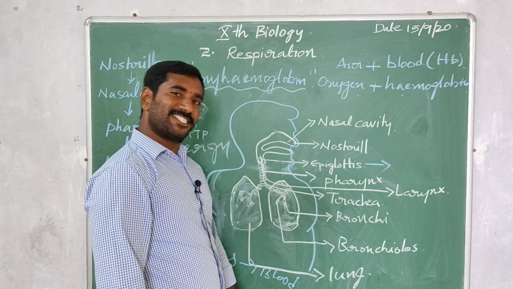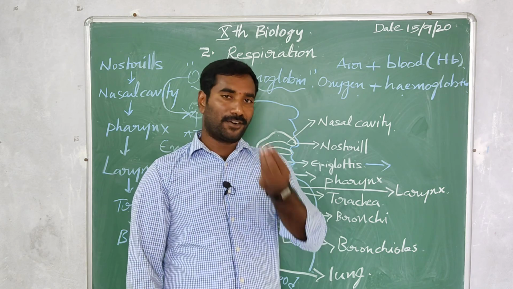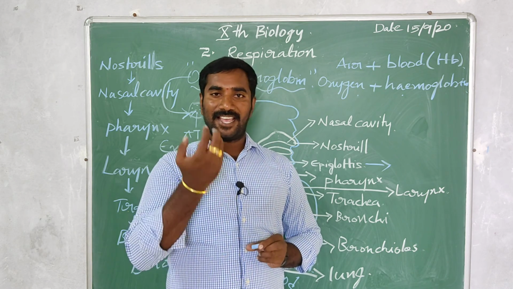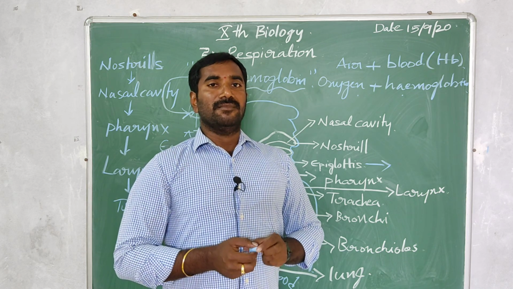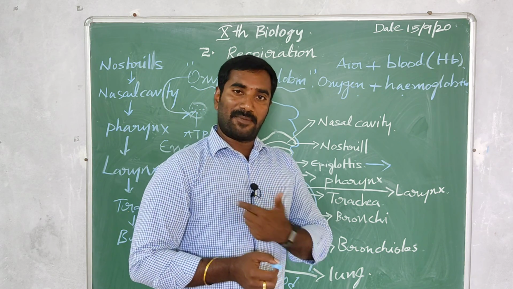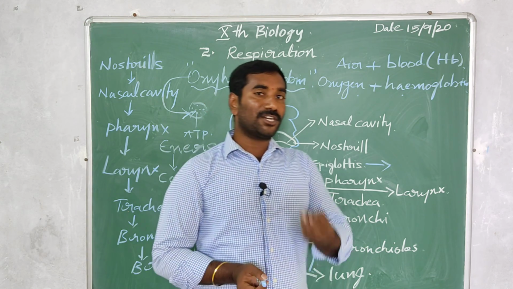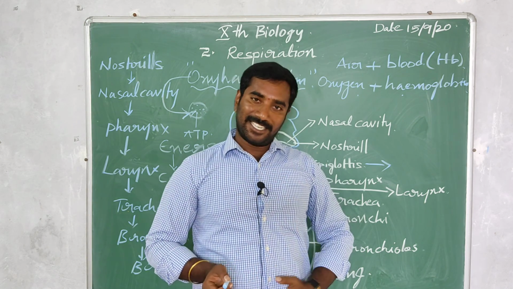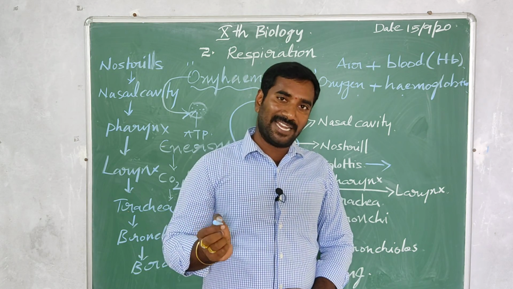How? Let's discuss. We take food, and we take air. When you take air, it reaches the lungs but does not enter the stomach. But when you take food and water, it enters your stomach, your belly.